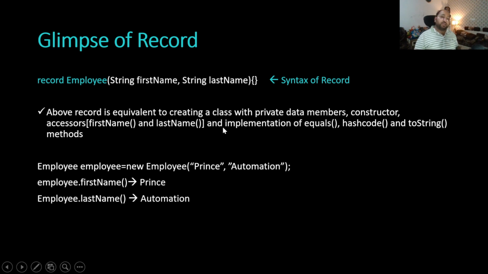The constructor is taken care of internally, accessor methods like firstName and lastName are automatically created, along with implementations of equals, hashCode and toString. Once we create the Employee record and an object of it, we can simply use employee.firstName without even creating the getter and setter, and we will get the output.